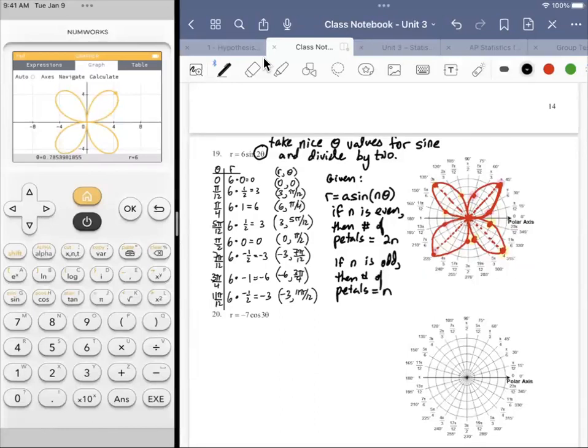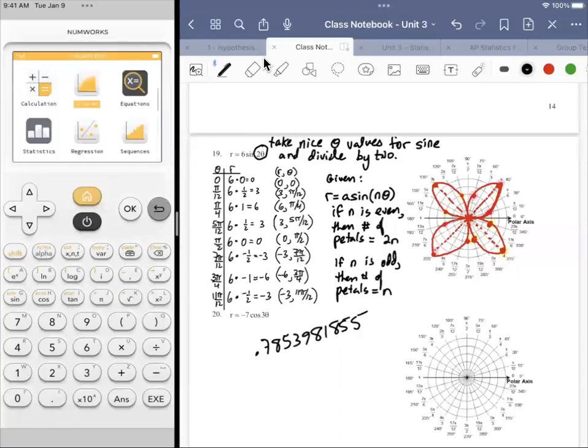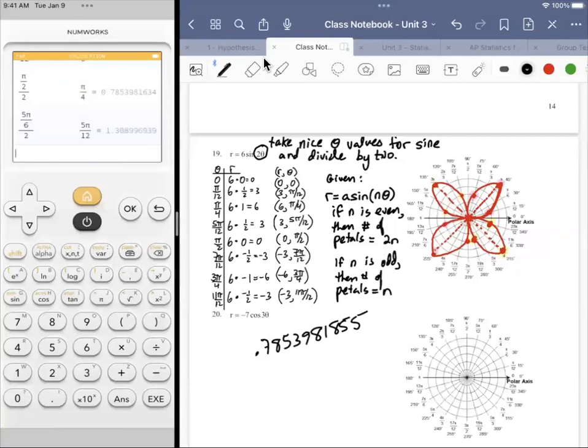And then what you can do is take an approximation of that decimal, go back to your home screen, and then you know where that point is in the graph. You know it's somewhere in this neighborhood.